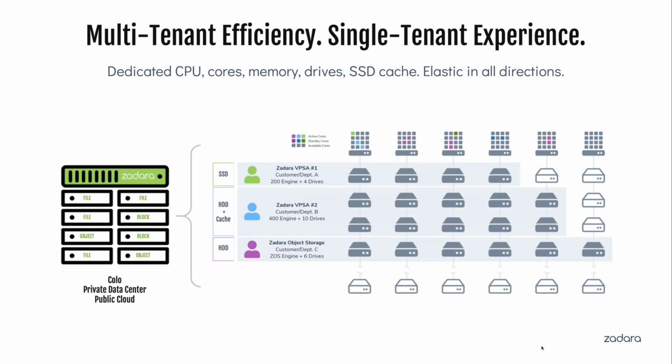Yeah, it sure does. So we're a RAIN architecture, and RAIN is a redundant array of independent nodes. What we do is, in our colo or in your data center, we can put up a Zadara enterprise storage stack consisting of enterprise servers. If you look at the top row, those are our physical servers, and below that, we build out VMs.